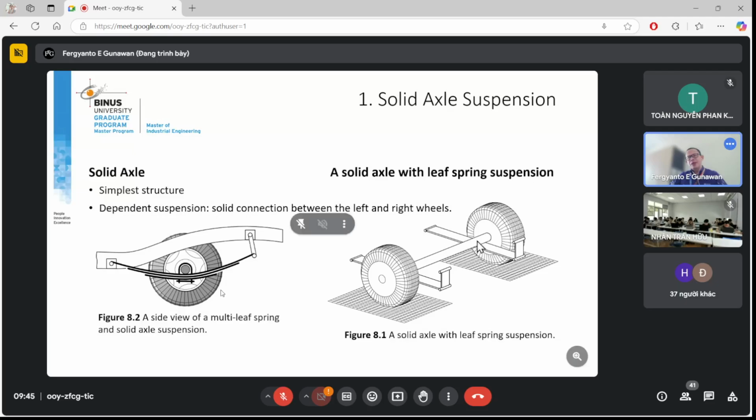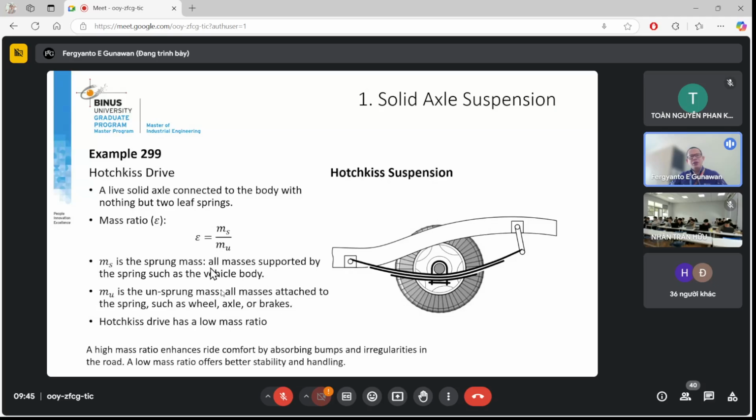And the leaf spring is also rather heavy. So you can assume that this suspension system is quite heavy. So generally speaking, it has a low mass ratio, right? Which means it works quite well in absorbing a bump, but it also has very good stability in driving, right?